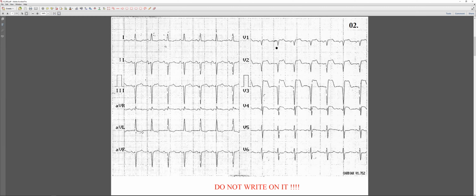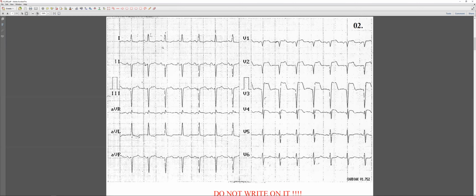Then we will look at the heart rate. The square is about 1.5 big squares, so it'll be around 170 or 180 heartbeats. Why?